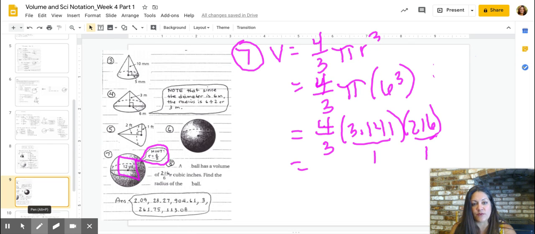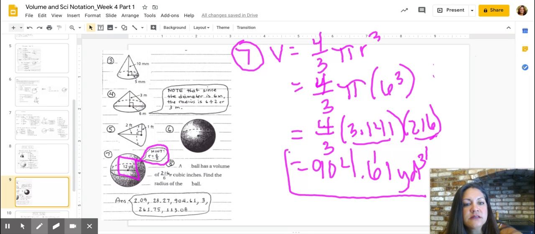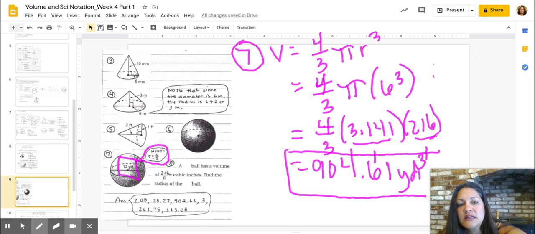So 4 times 3.141 times 216 equals 2,713. And then I'm going to divide that by 3. Gives me 904.608. I'm going to round that up to 0.61. And that's yards cubed. And there it is. There we go. Okay, one left.